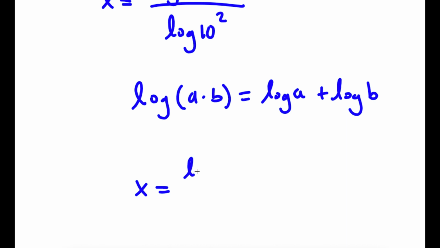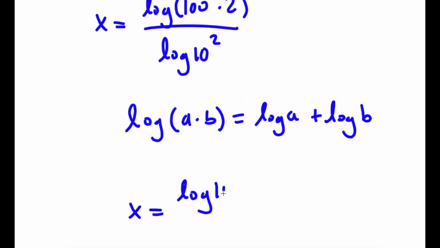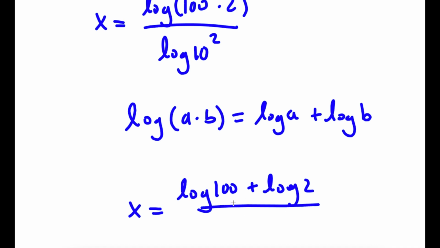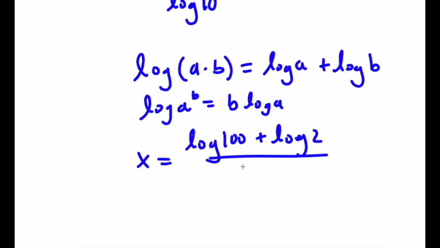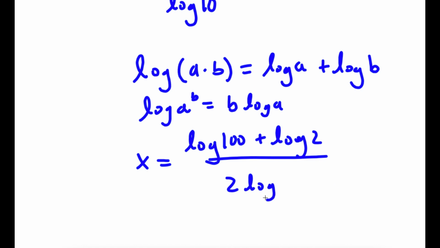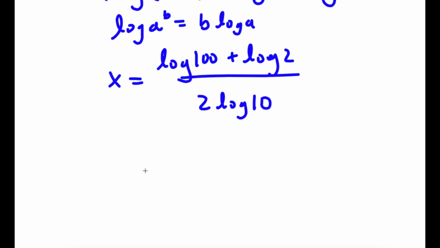So now this is the same thing as log 100 plus log 2. And if I have something in the form log a to the power of b, this is the same thing as b times log a. So log 10 to the power of 2, that's the same thing as 2 times log 10. Now log 10, that's equal to 1.